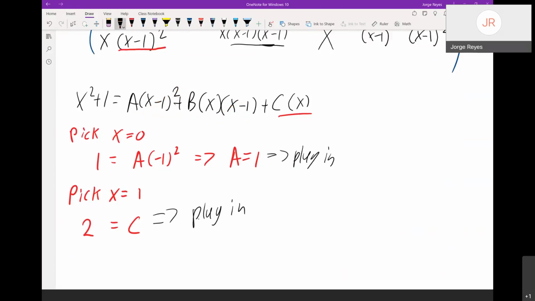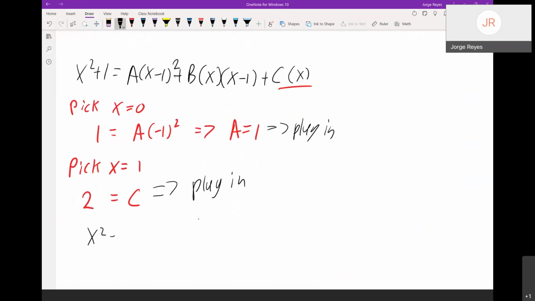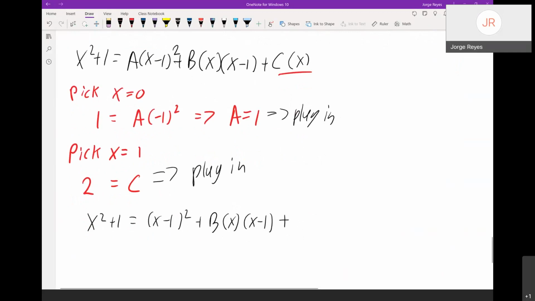I mean A and C. So I'm gonna plug in A and C and see what happens. So x squared plus 1 equals x minus 1 squared plus B x minus 1 plus 2x. Okay. Oh wait, no, plus 2x. There we go. All right. And so from here, we can just solve for B.